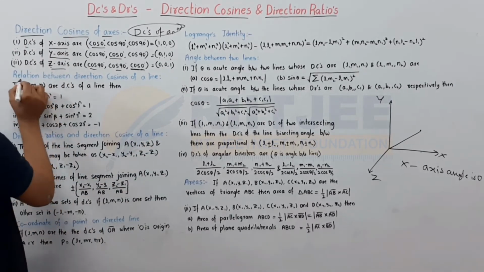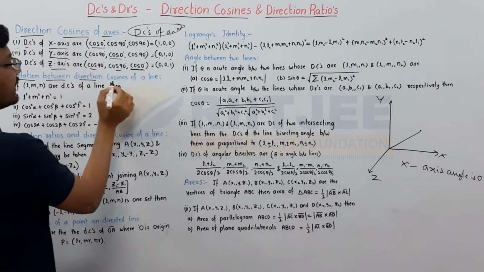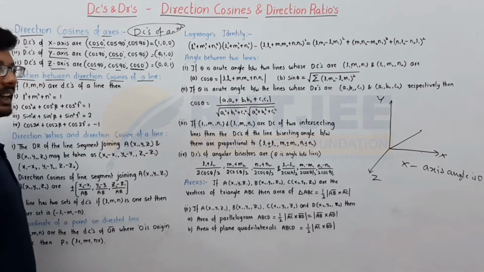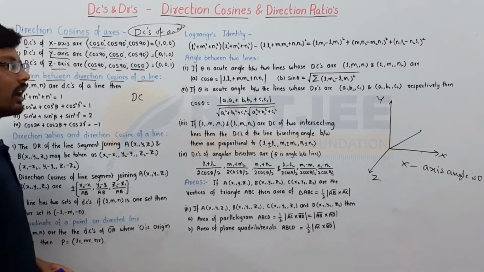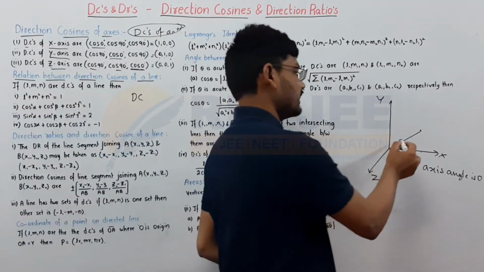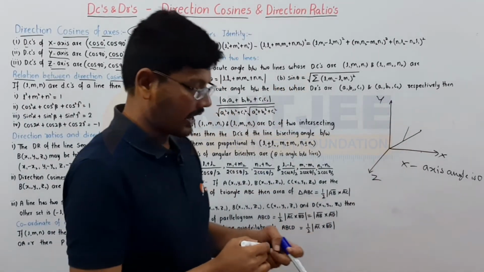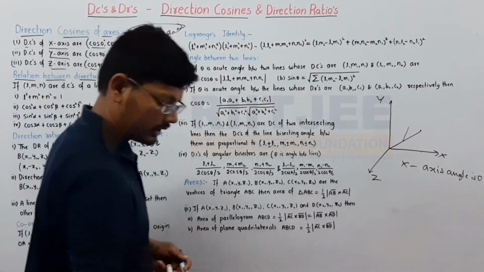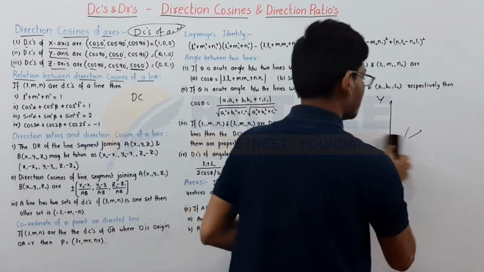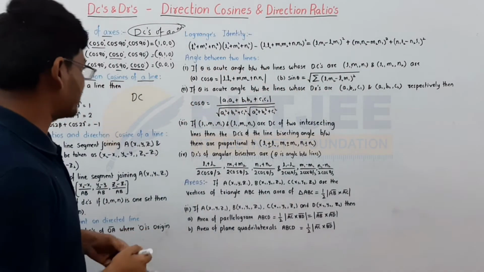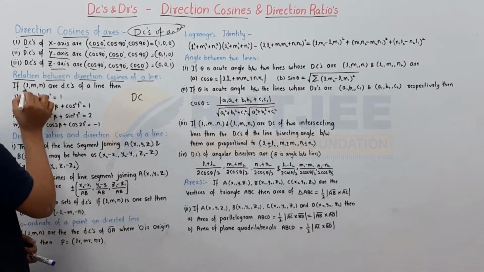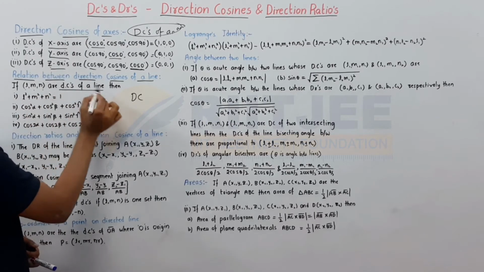Next, the relation between the DCs of a line. We are going to discuss the direction cosines of a line. L, M, N are the DCs of a line.